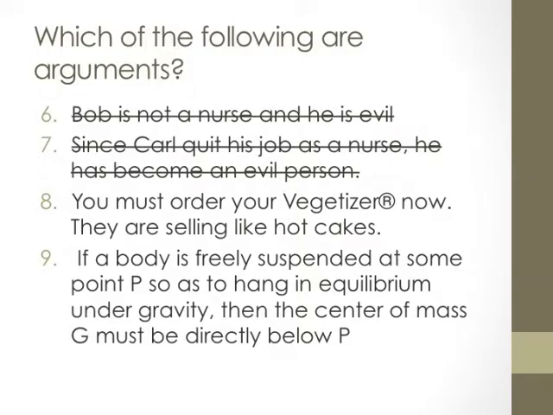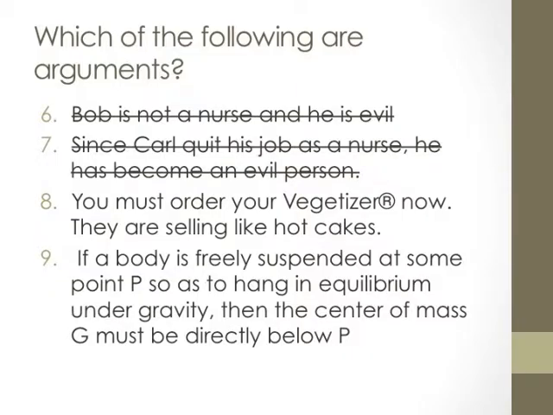But again, and this reading is less salient, it could be an argument if, for instance, the premise is that Carl quit his job as a nurse, and the conclusion is that he must have become an evil person. And the assumption is that everyone who quits their job as a nurse becomes an evil person. So if you interpret it in this kind of odd way, it could be an argument.